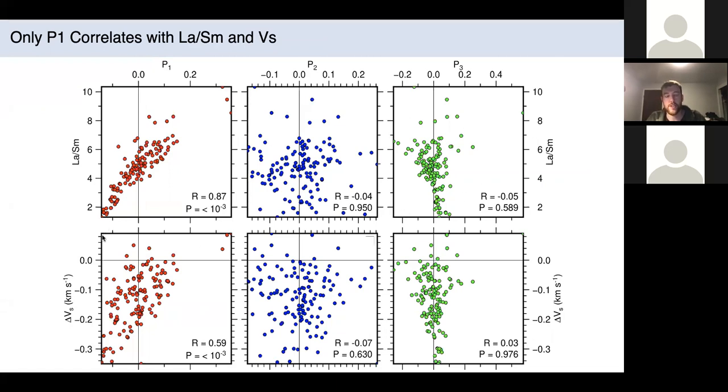So we think that this shows that both lanthanum over samarium and shear wave velocity are sensitive to temperature variations, with lanthanum over samarium being sensitive to melt fraction rather than depth of melting.